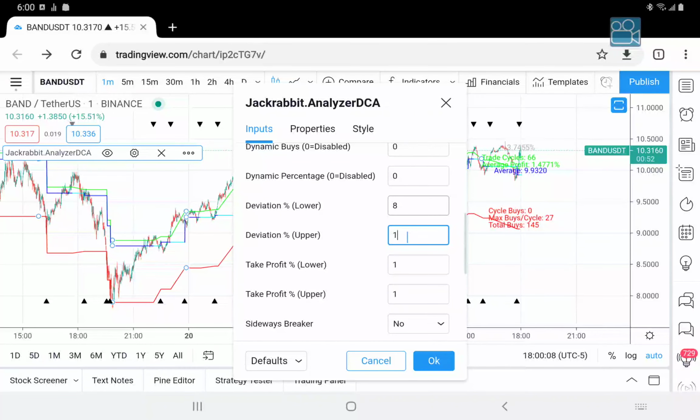The third purchase will be 6% deviation. So you can go both ways and have it get aggressive the more it accumulates, or have it be defensive the more it accumulates. Or you can just do a flat rate 8% across the board.